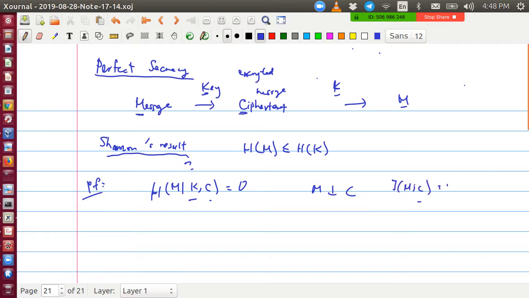There will be no mutual information between one another, and in that sense there's no way you can extract any piece of the real message from the ciphertext alone. So then we basically have these two conditions.